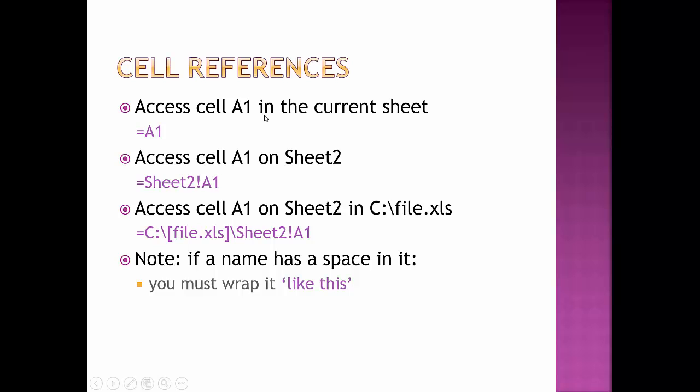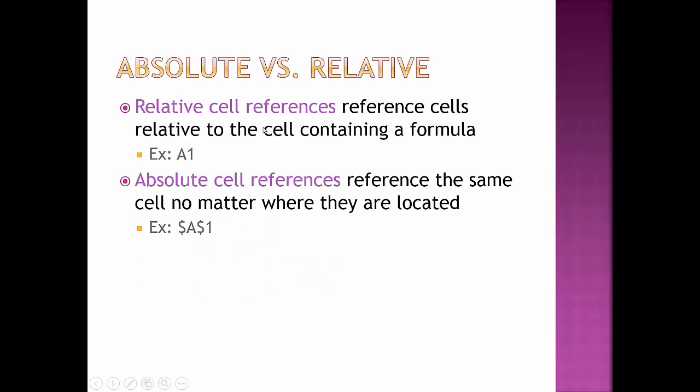When we're talking about cell references, I'm going to bring this up: a relative cell address and an absolute cell address reference. For right now, if you just remember that a relative cell address basically looks like that, and an absolute cell reference includes dollar signs in front of either the column or the row, that would be great.